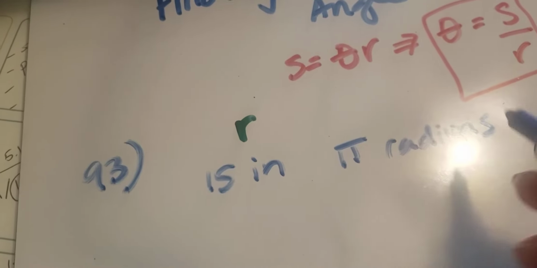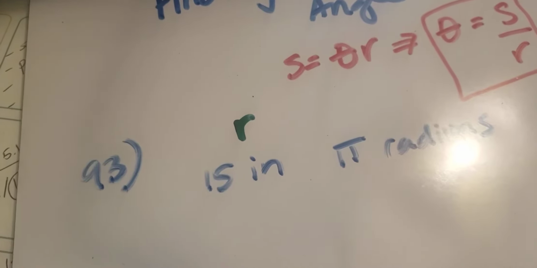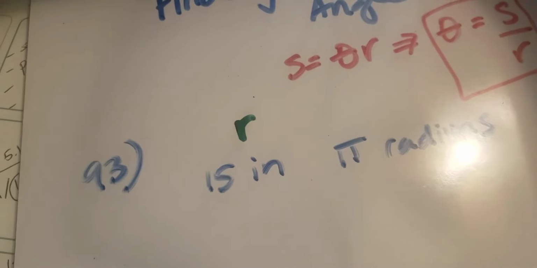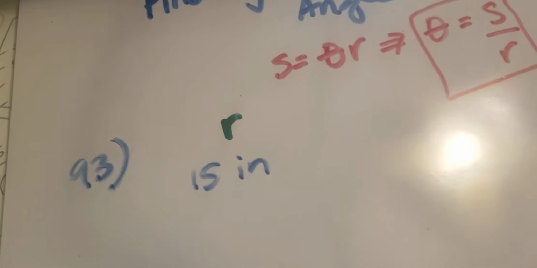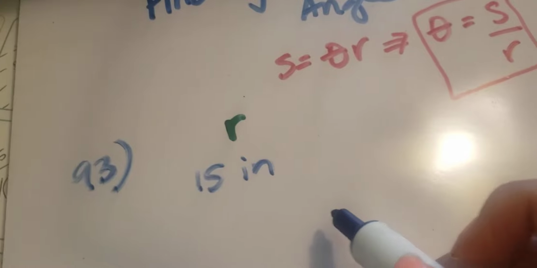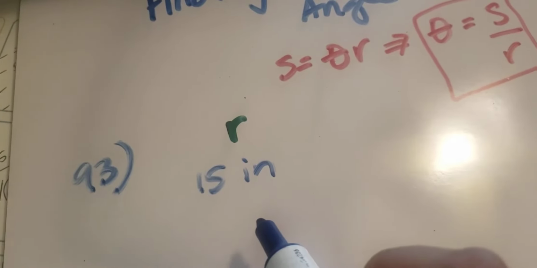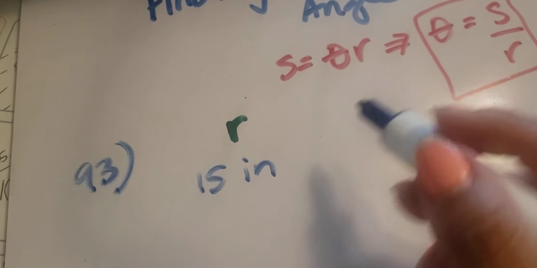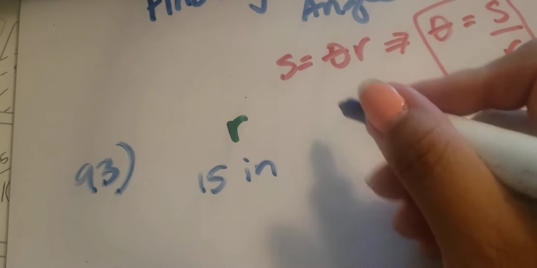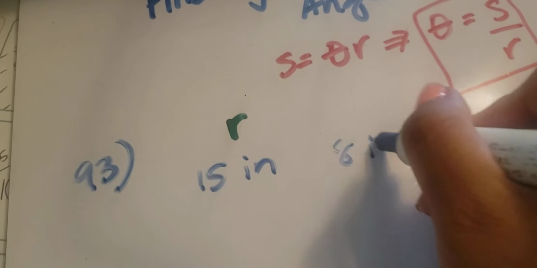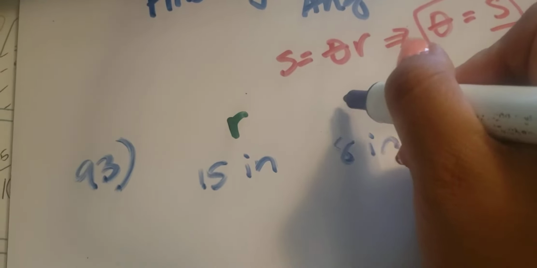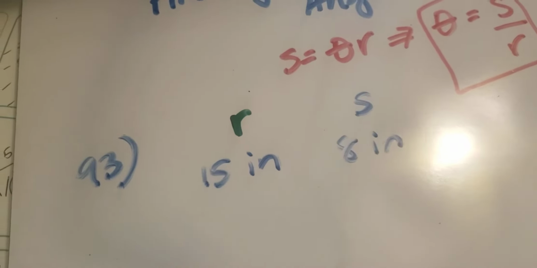Number 93, they give us 8 inches, and that's our arc length.